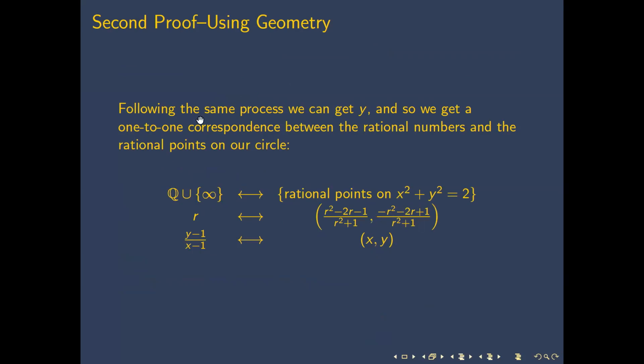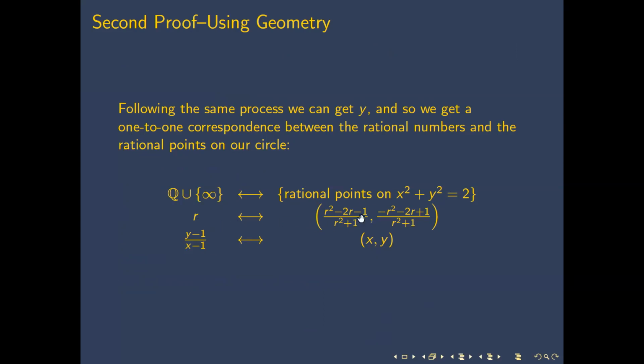So we wind up getting a 1-to-1 correspondence between the rational numbers and the rational points on this circle. So these rational numbers are going to be slopes, and infinity is for the vertical line. Each slope corresponds to a rational point on the circle.